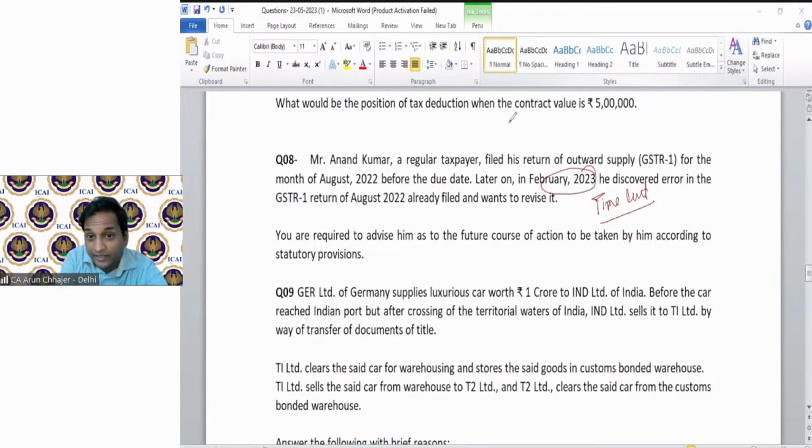This time limit is 30th November after the end of the financial year, or furnishing of the annual return, whichever is earlier. So this point you have to write.